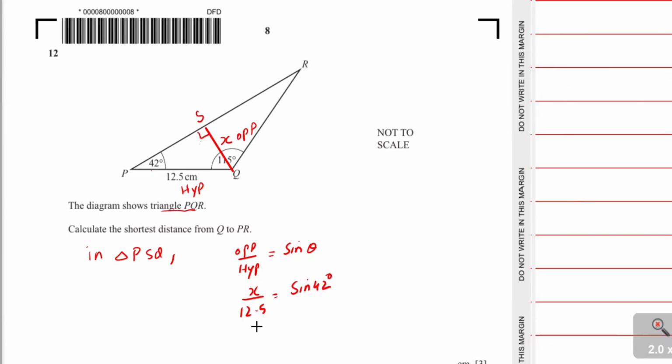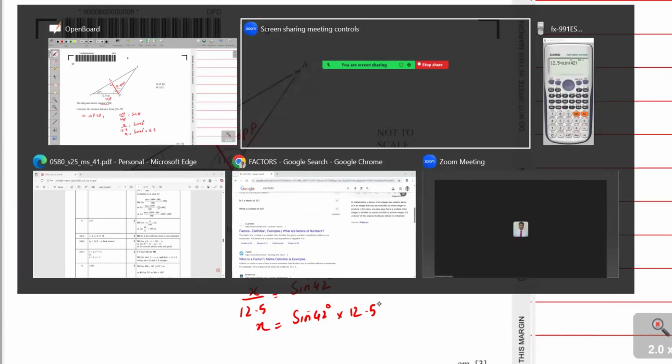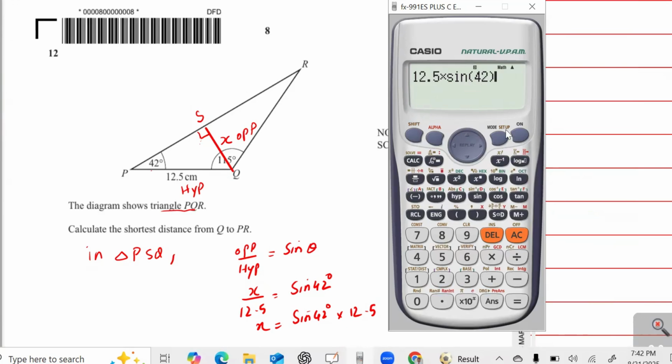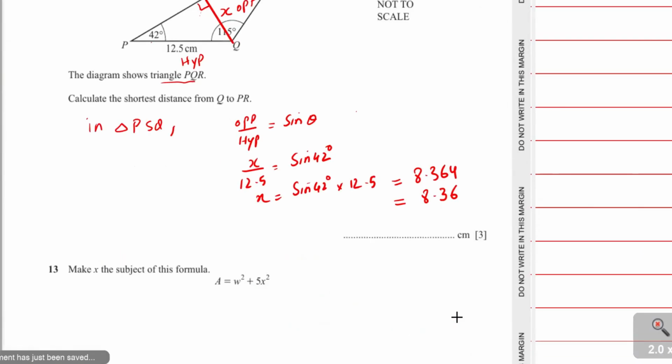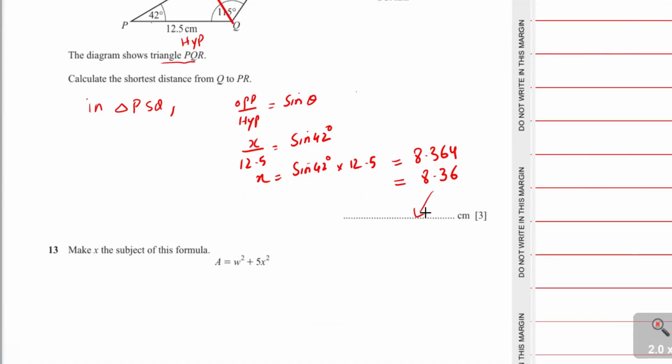Therefore, we write x equal to sine 42 multiplied by 12.5, and this value equals 8.364. We write 8.364, and three significant figure value will be 8.36. And this is the answer.